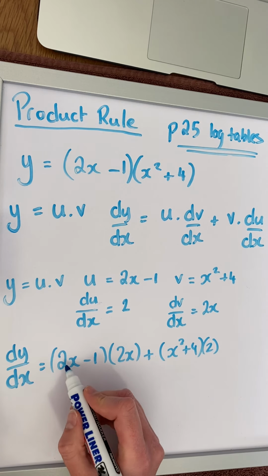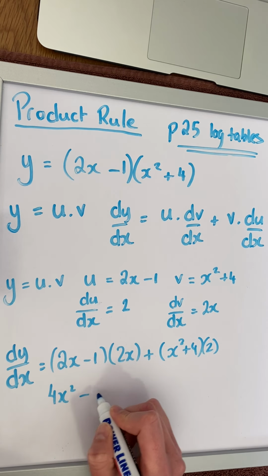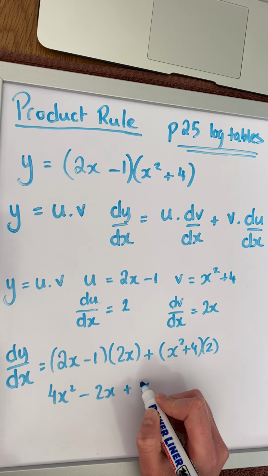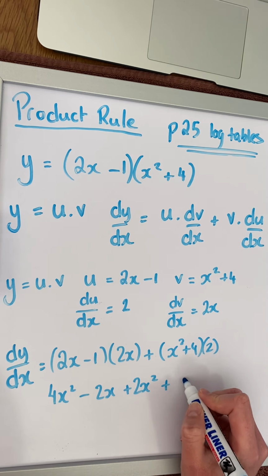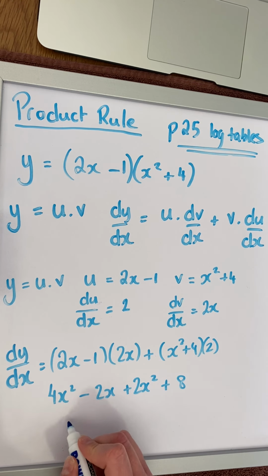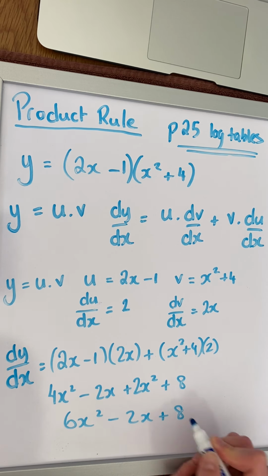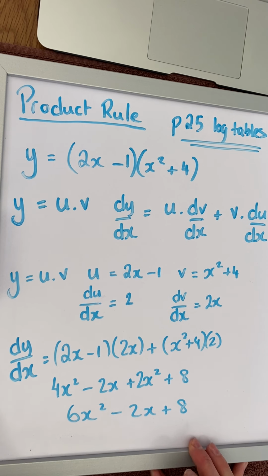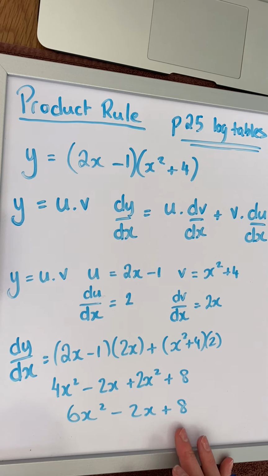So multiplying out here, we have 2x by 2x is 4x squared, minus 1 by 2x is minus 2x. x squared by 2 is 2x squared. And 4 by 2 is 8. Tidying it up, 4x squared and 2x squared is 6x squared, minus 2x plus 8. So that is our final answer for our derivative. Fully simplified, dy/dx is equal to 6x squared minus 2x plus 8.